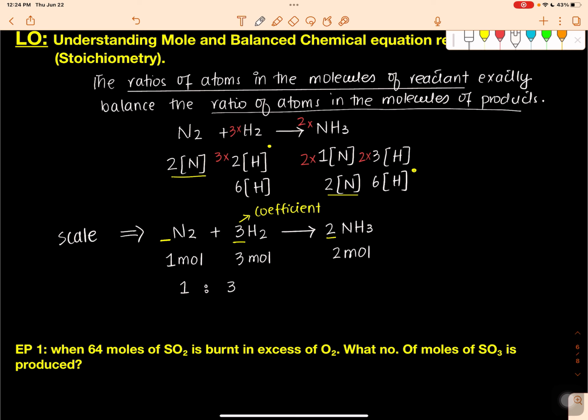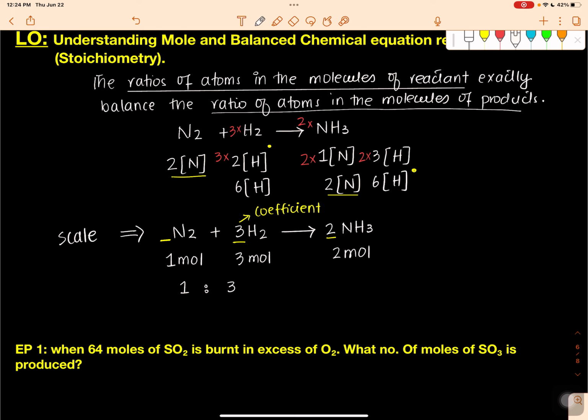It will help us in preventing wastage, and in overcoming the cost and the time consumed during this whole process. So we control these factors, and that is how industries are set. They basically use a good concept of moles and balanced chemical equations.